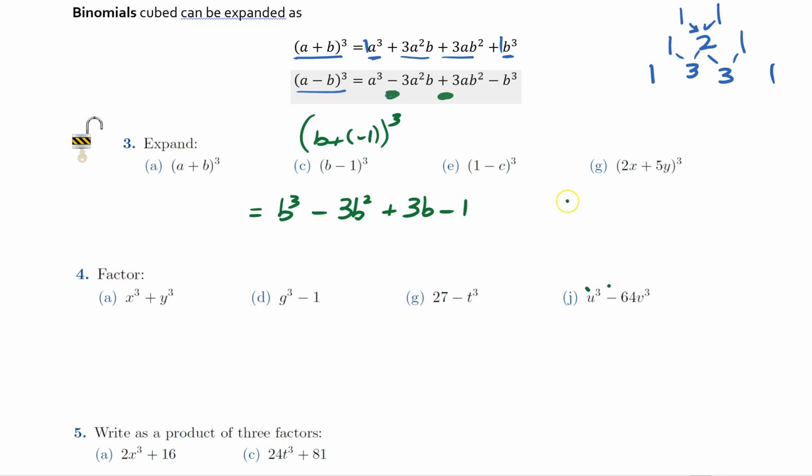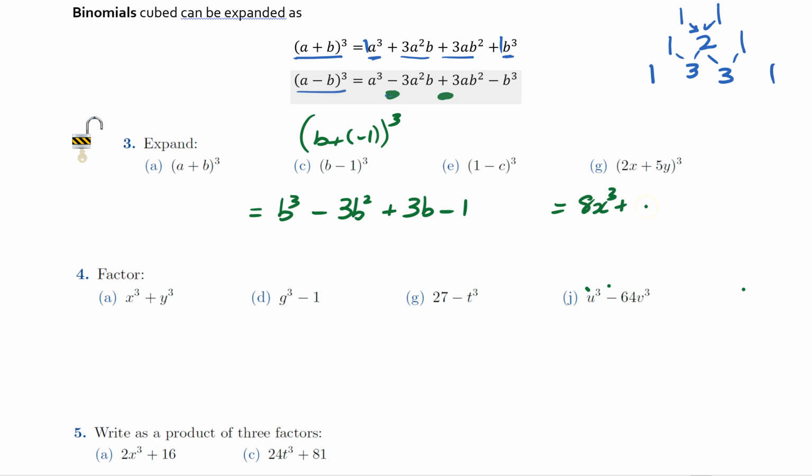Let's jump to this last one. So I've got a 2x and a 5y to be cubed. So again, I've got a 1, 3, 3, 1 in there. So my very first term, I want 2x all cubed. So that will be 8x cubed.